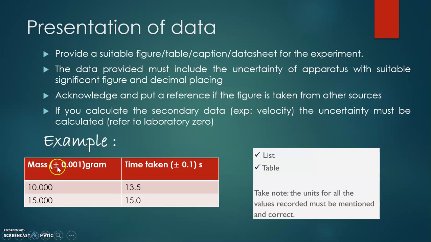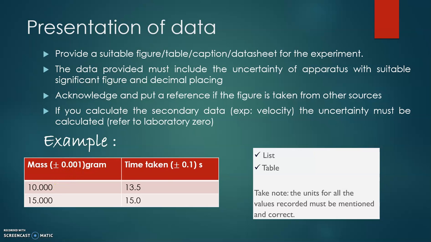For example, if you measure the mass by using the balance, and the balance shows the smallest scale is 0.001 gram. So the 0.001 gram is the smallest scale and is related to the uncertainties of the measurements. So then if you measure 10 grams, you should provide in the table 10.000 gram, same as the uncertainties.